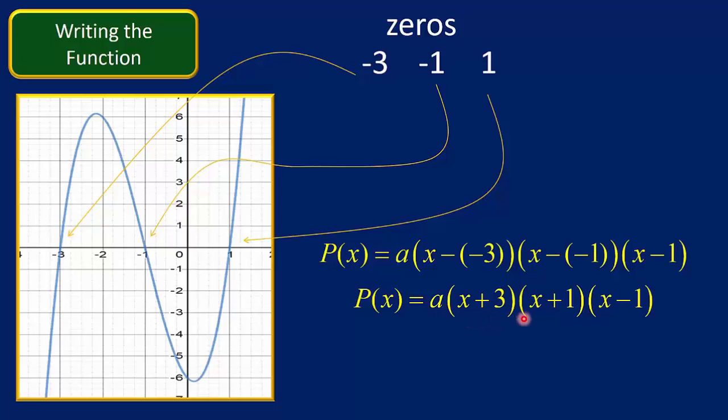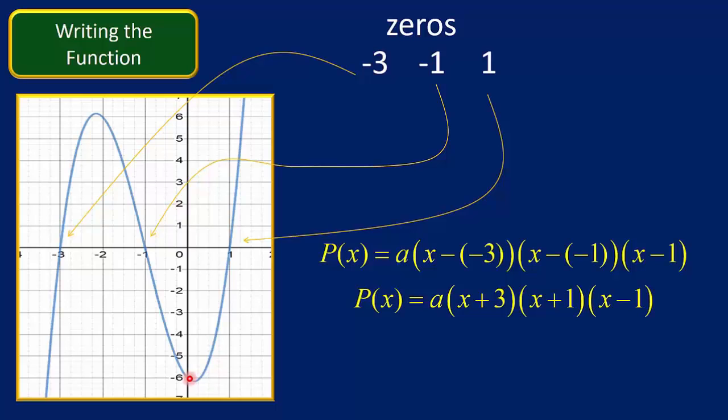And you plugged in a 0 for each of the x, you would find that the y-intercept is -3. Well, what this a is for is to contort this polynomial so that we can force it to pass through this -6. We want to stretch it out. Normally it would cross here if this a was 1, but we want to make it go down here.